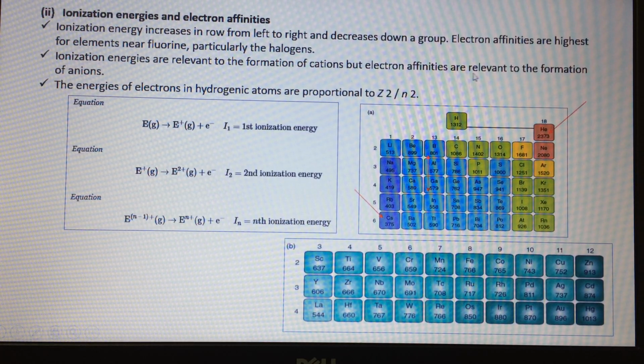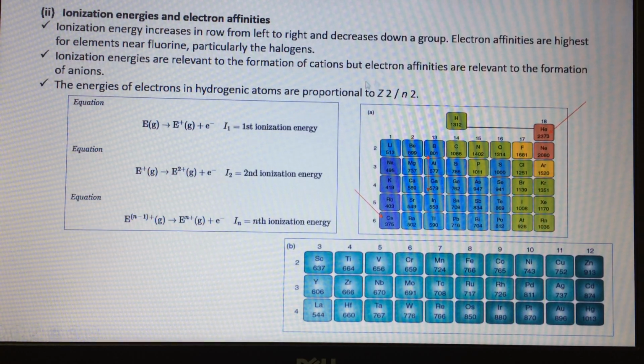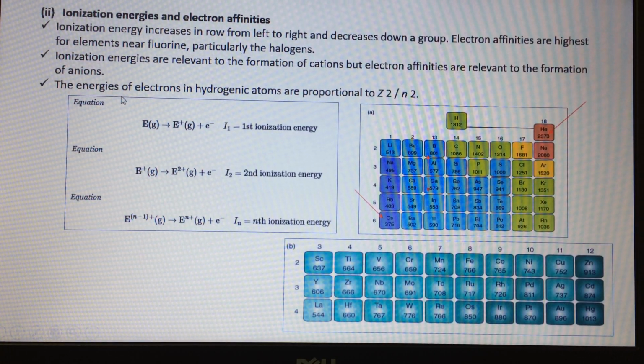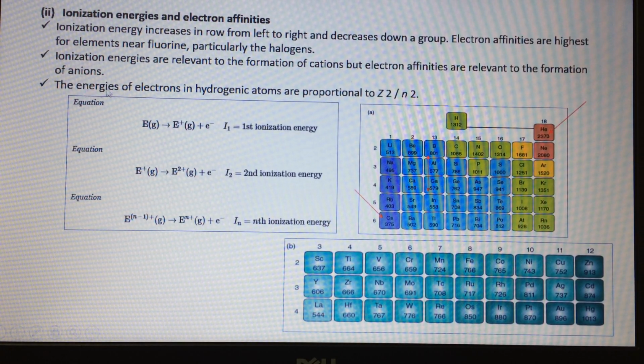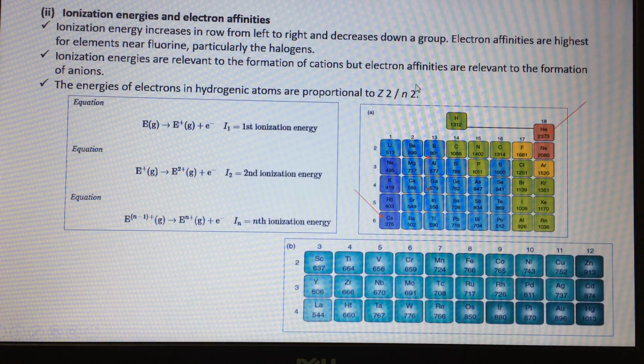But electron affinity is how much energy you are providing for the formation of an ion. And this energy of the electron is proportional to Z squared upon n squared, where Z is the atomic number and n is the period number.